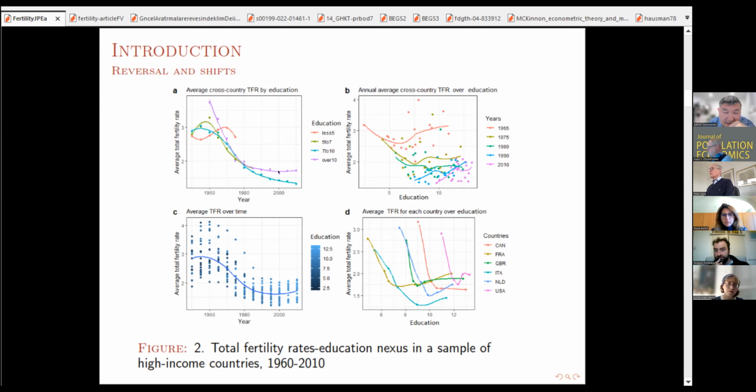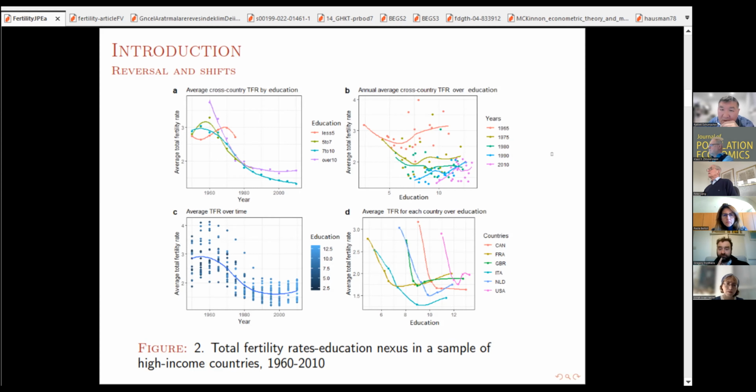After that, you can see a stabilization happening. While for women with lower education levels, from 7 to 10 years, there's a decline that is still going on. After 2000, I think it's still becoming lower.